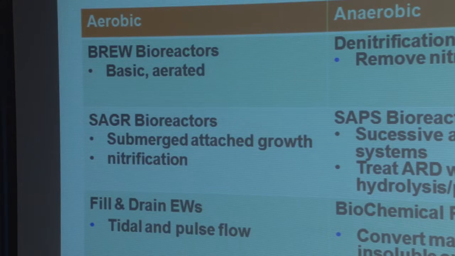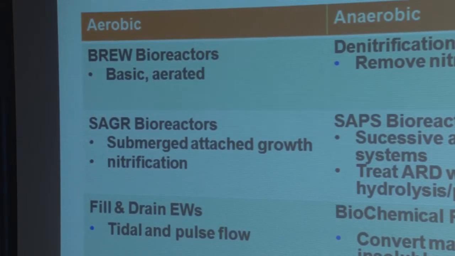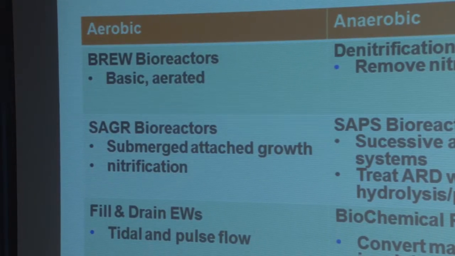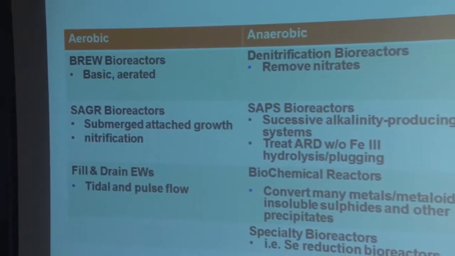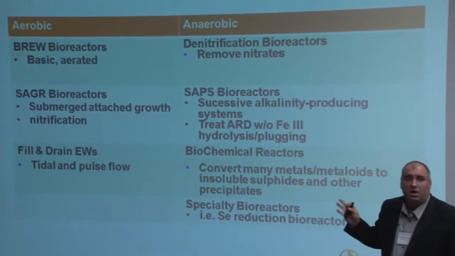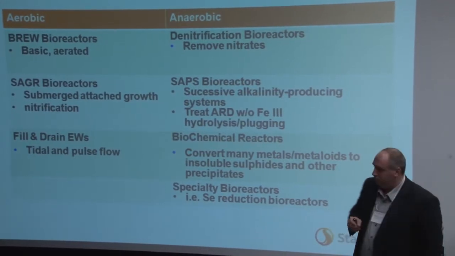A further advancement in aerobic systems is the submerged attached growth bioreactors, which are particularly designed for nitrification. And then we have fill and drain engineered wetlands, which use pulse flow, sometimes tidal environments. Essentially, stormwater engineered wetlands, which we'll talk about a bit later, are fill and drain type systems.